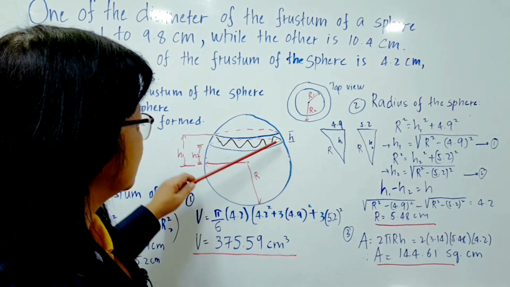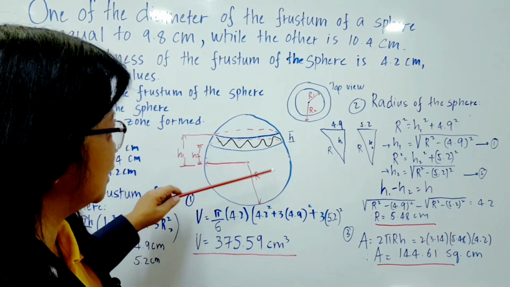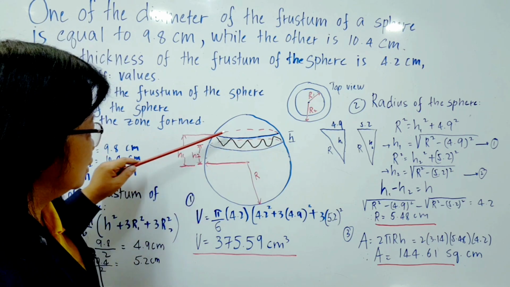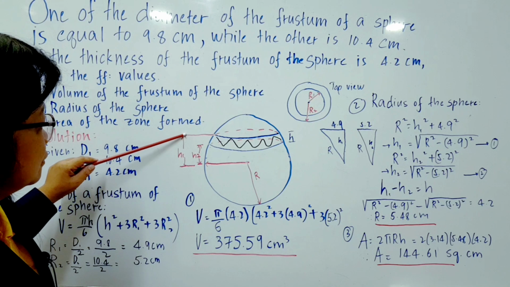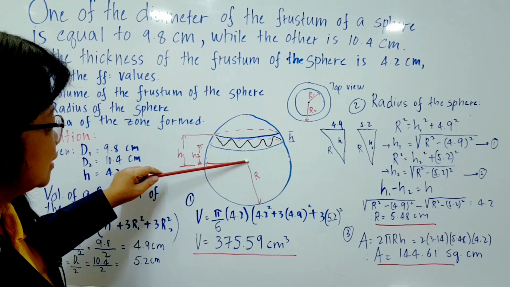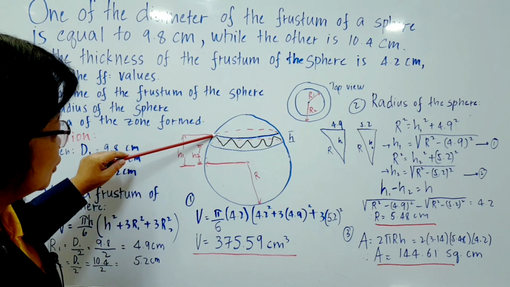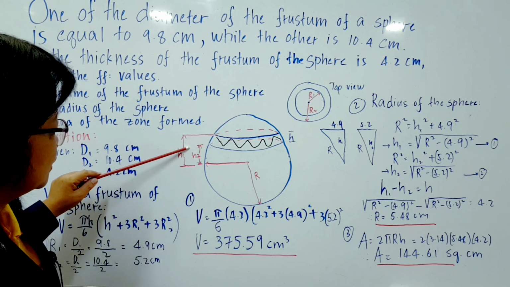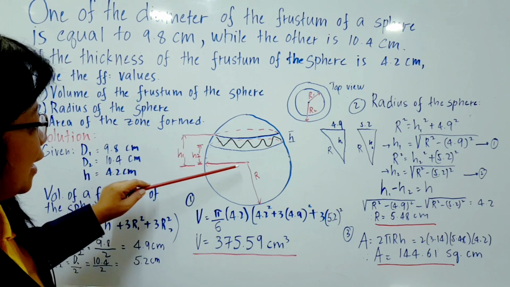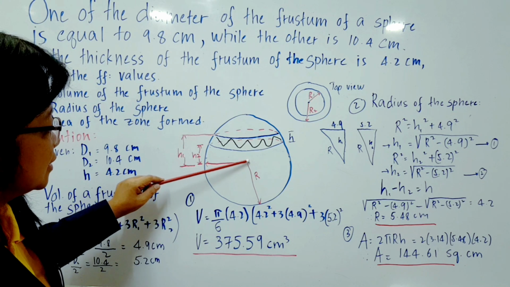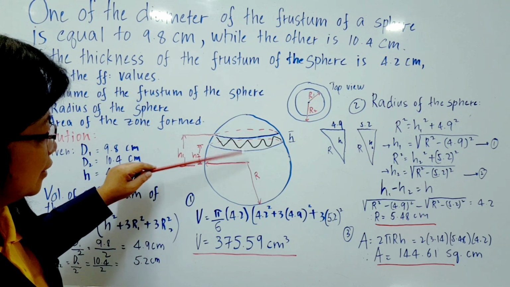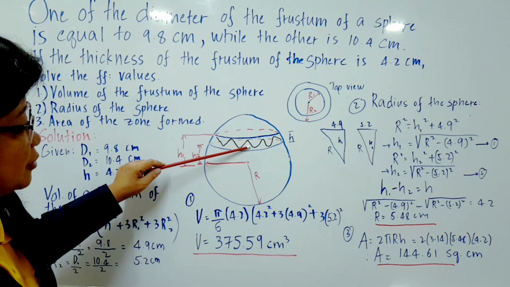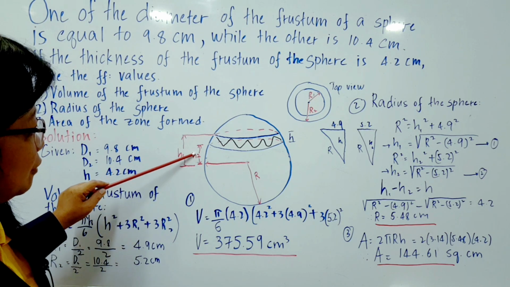Now, from this diagram, we can see that h, the thickness of this frustum of the sphere, is equal to the height from the center to here, which we designate as h1, minus the height from the center to the lower line of the frustum of the sphere, which is h2.